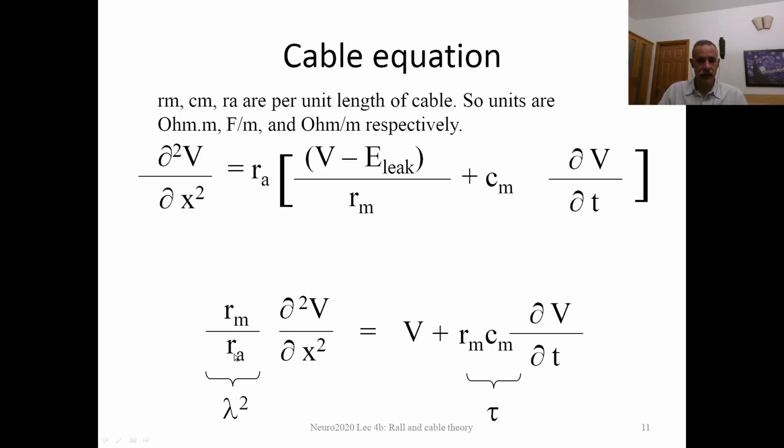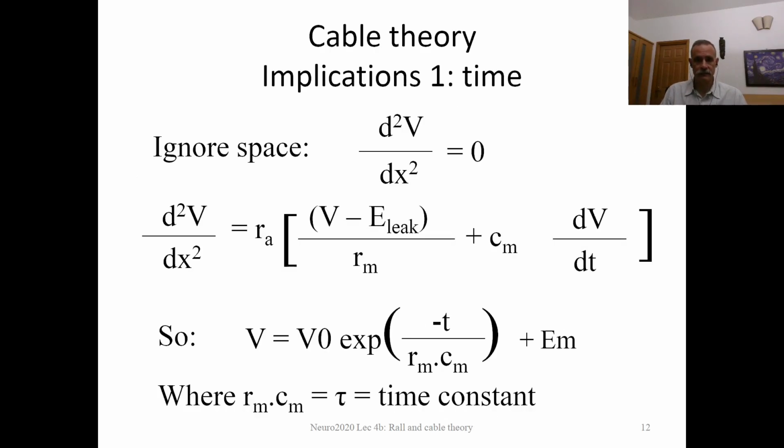So Rm by Ra, where Rm and Ra are per unit length of cable, this is equal to lambda squared. And here we have another familiar thing, which is Rm times Cm, again per unit length. And these multiplied together gives us a time course, because this is a derivative with respect to time. So here you have the length constant, and here you have the time constant. And we will be coming back to these terms in just a moment.